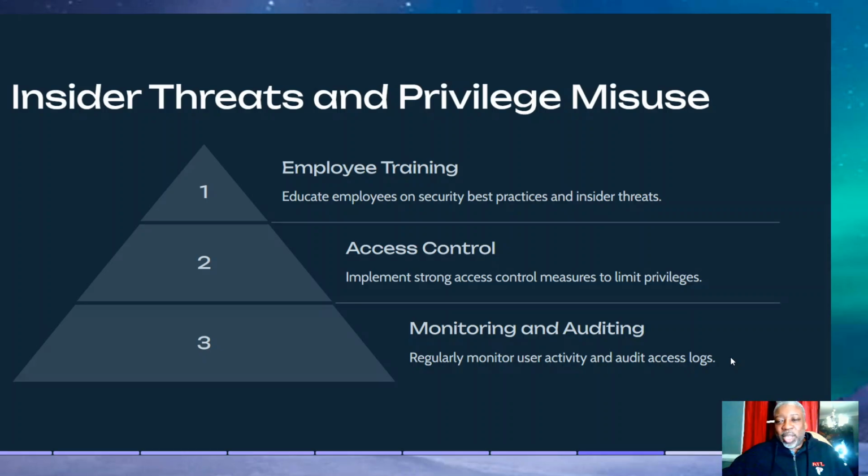Access control: implement access control privileges, right? Role-based privileges. So if you work in HR, you should not have access to credit card data. If you're a developer, you shouldn't have access to the HR Oracle background check system or whatever they're using. If you're working in cybersecurity, using cybersecurity tools, you may have access to a lot of these things, but you may not have access to payroll.